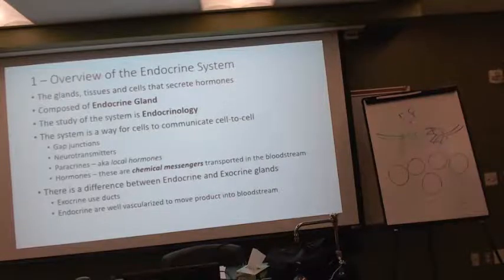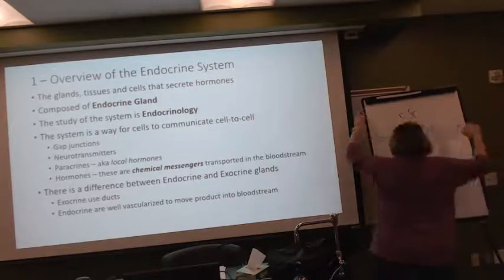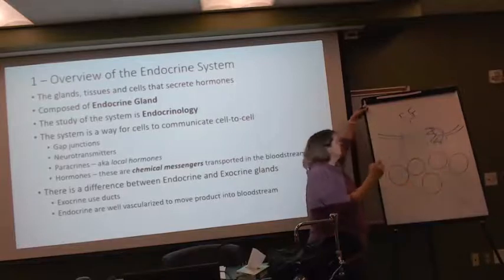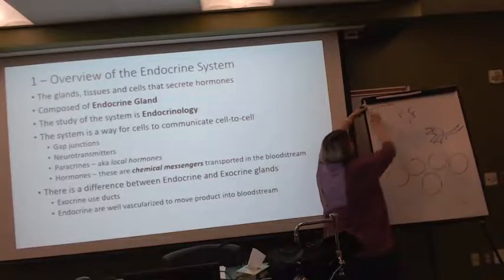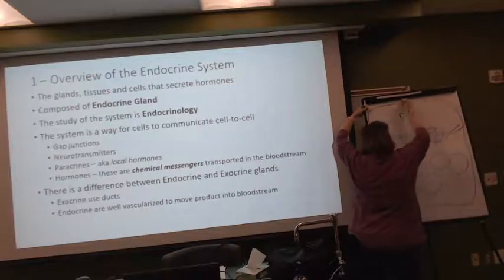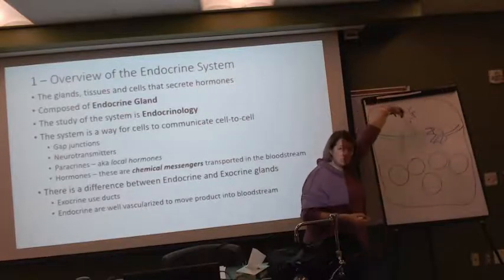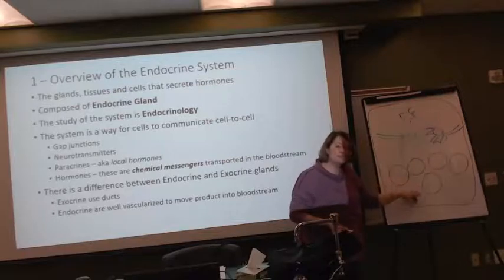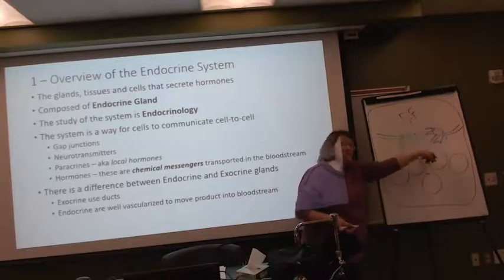A tissue. So now I'm trying to show you guys a representation of an area of the body that's a tissue with its cells and the blood supply.